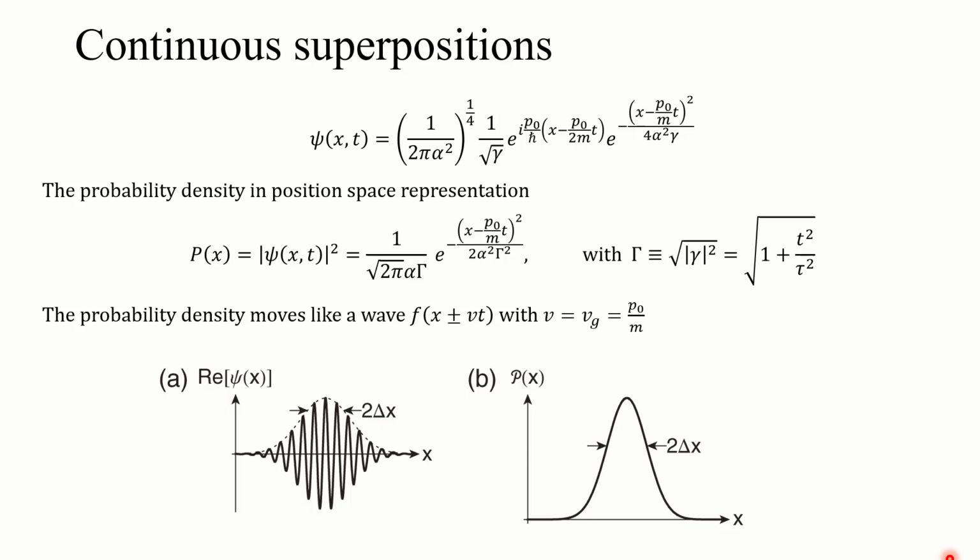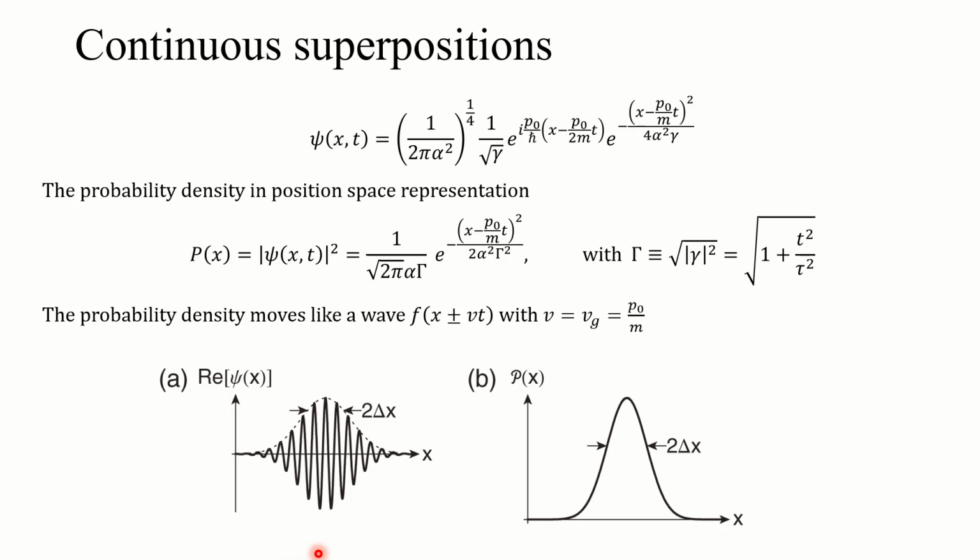So what does that look like? If we take the real part of our position space wave function, we have the carrier wave with these fast, short wavelength oscillations, and the envelope function that localizes it. Because we're doing a continuous superposition, this doesn't have a train of waves.